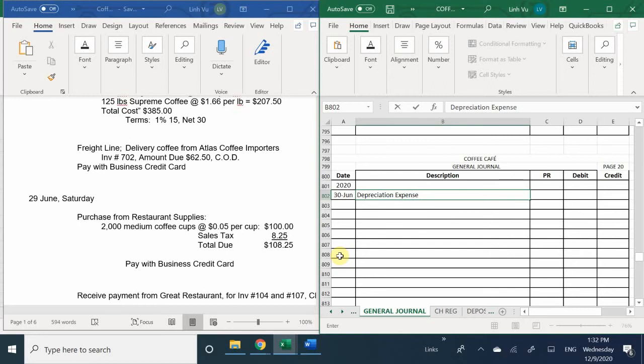Perfect. So depreciation expense is going to be the overall expense that you're going to drop all of this in. So again, we're just going to place them all into one. So instead of having to do a bunch of journals, essentially they're all going into the same account.